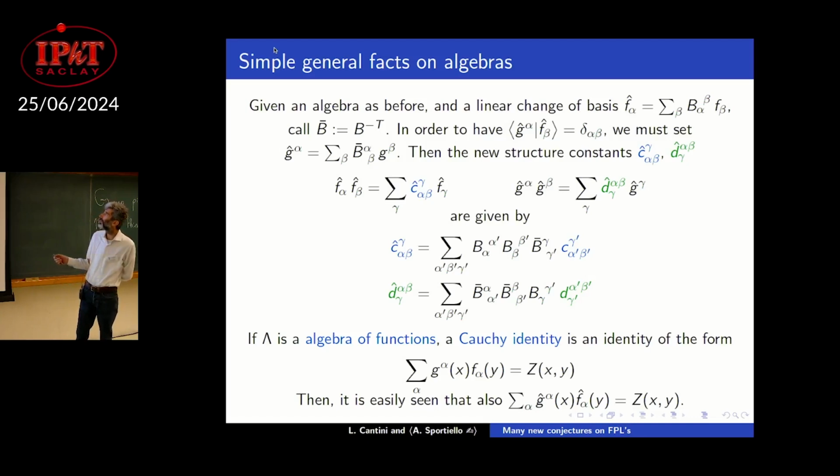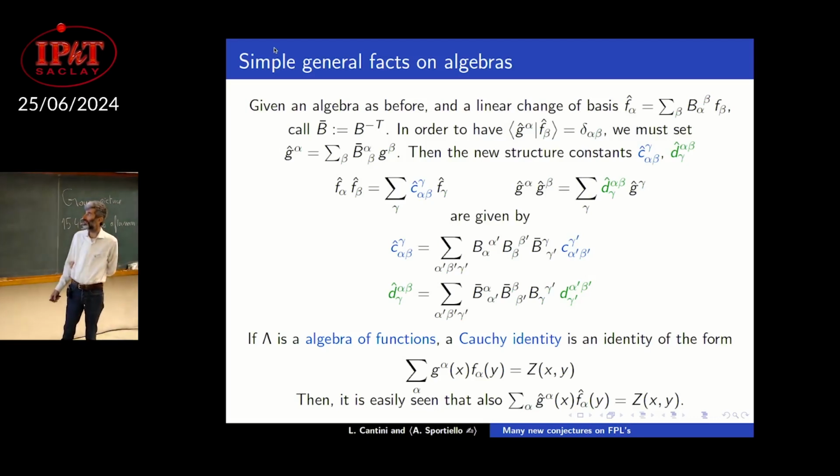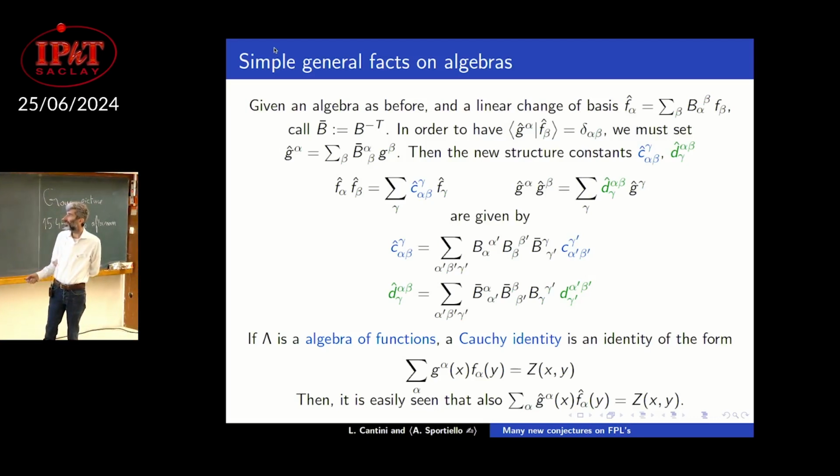So the new structure constants, for example, will be given by the action of B and B bar in a certain way, which is a bit messy, but it is just consistent use of indices. And in particular, the Cauchy identities that you have when you have algebras of functions do not change because B and B bar cancel out. Period. Very simple.